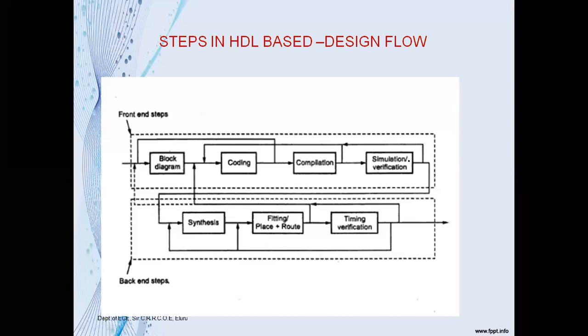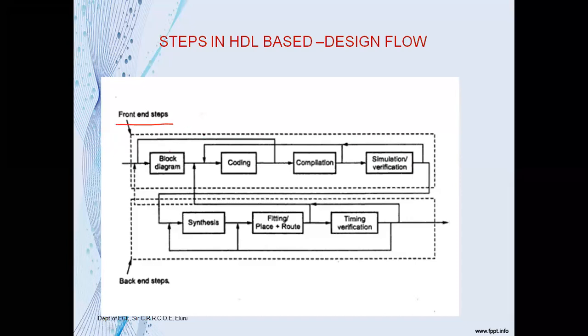In the simulation you can test for the functionality. Before going to the gate level, you can test the functionality of your digital system by using the simulation. All these are known as the front end steps.